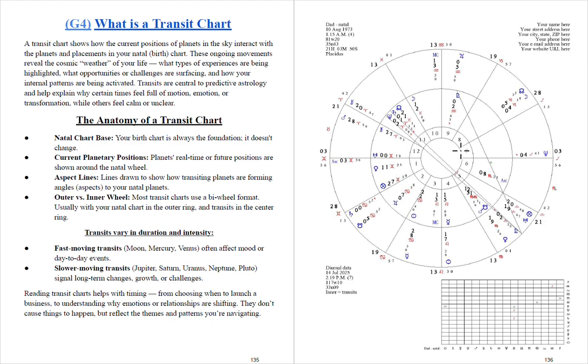So it's super fast. But when you're talking about Pluto, the slowest planet of them all, this thing takes over a year. So those are big things to consider when you're looking at transits. Some happen quick, some happen over the course of a very long time.